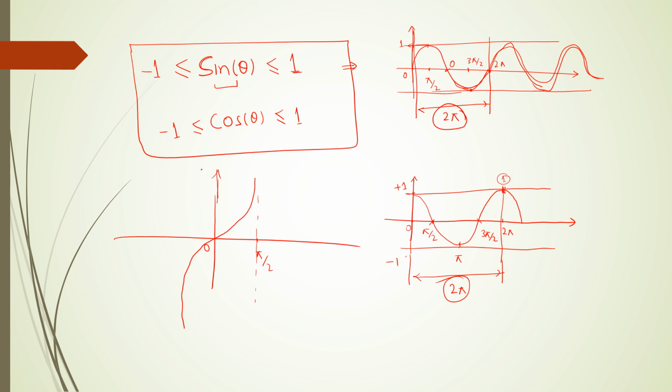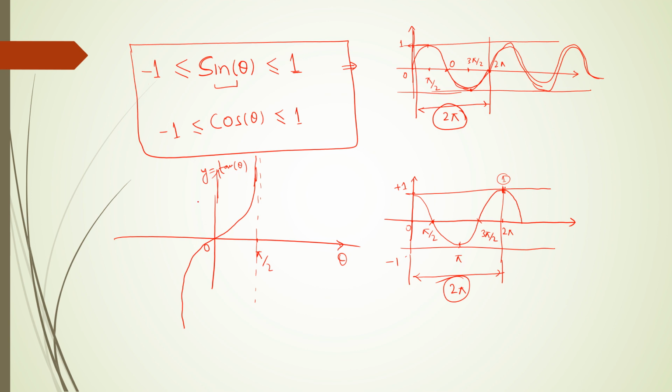If you have y equals tan of theta, and this is the theta range, it will tend towards infinity. We can't touch infinity, but it tends towards infinity, because tan of 90, or tan of pi by 2, is an infinite value.